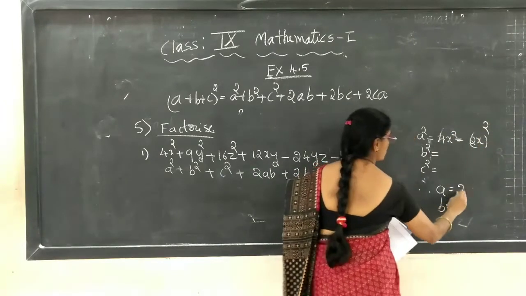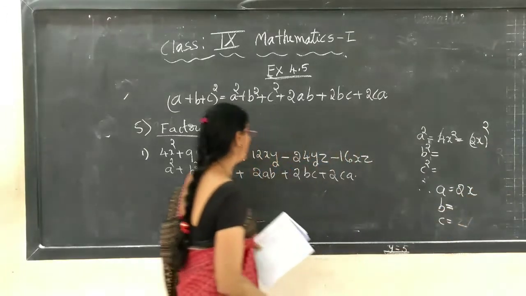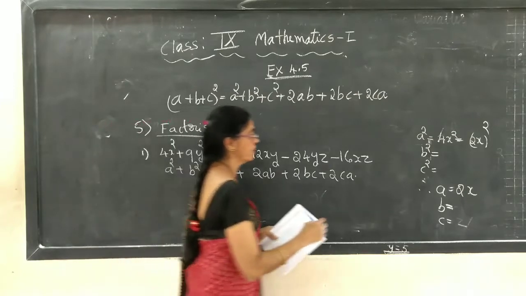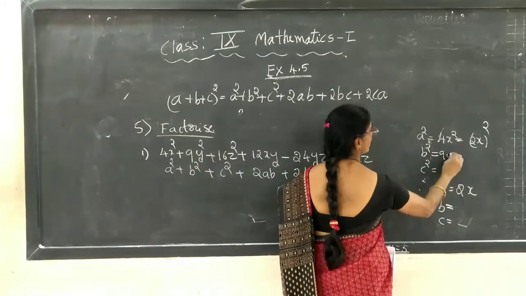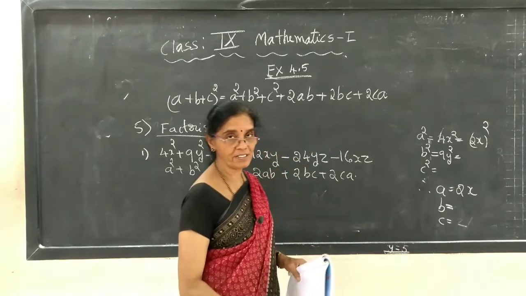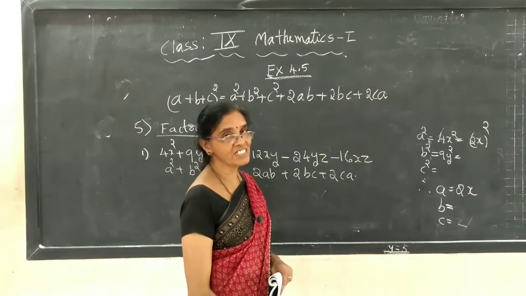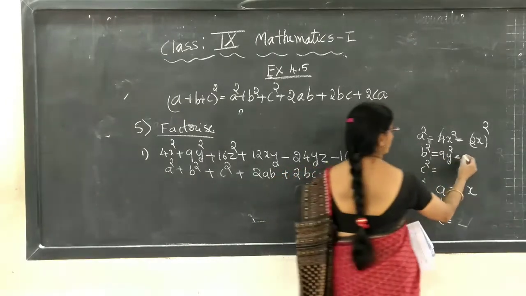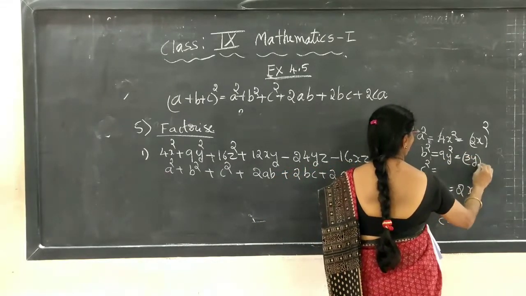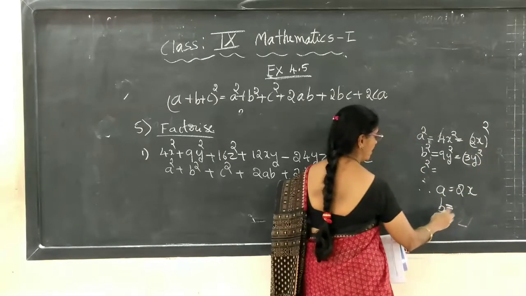So a is 2x. Now what about b? In place of b square, I have 9y square. 9 is which square? 3 square is 9. So b is 3y.